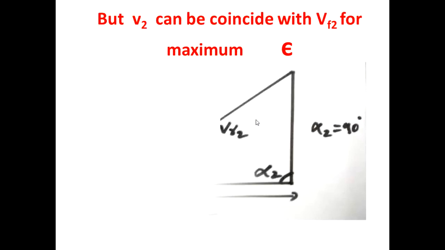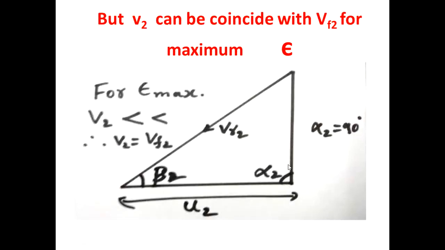For maximum utilization factor, alpha 2 will be 90 degree. Let me explain in the next topic. Otherwise, you just remember the equation. Utilization factor epsilon is equal to (V1 square minus V2 square) divided by (V1 square minus half V2 square). Correct? In that one, if V2 is very less, then only your utilization factor will be more.